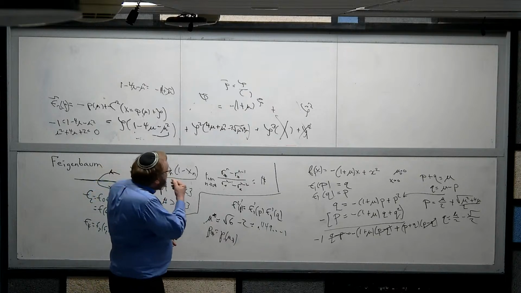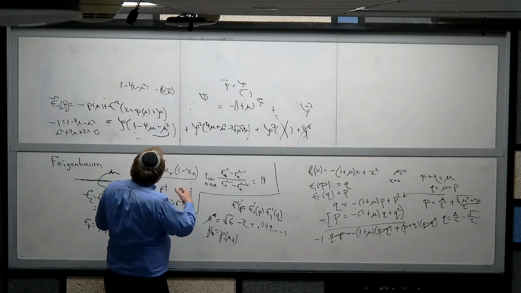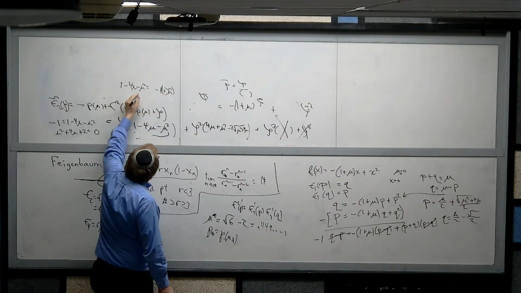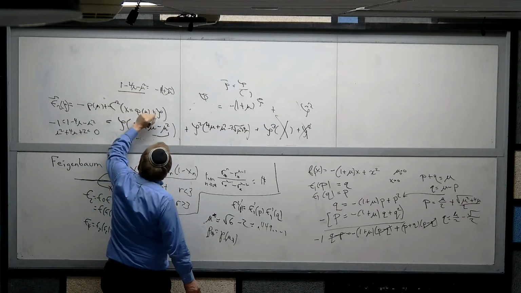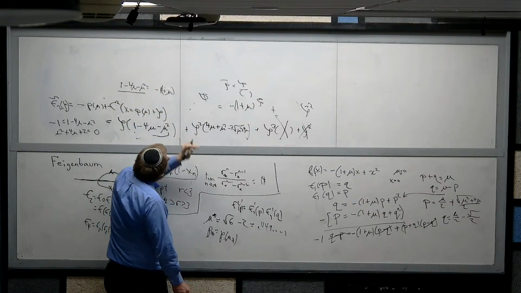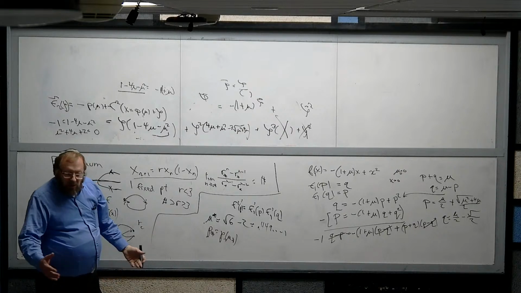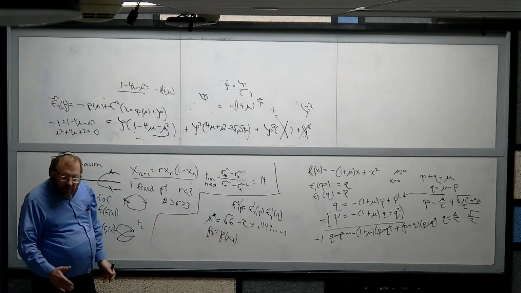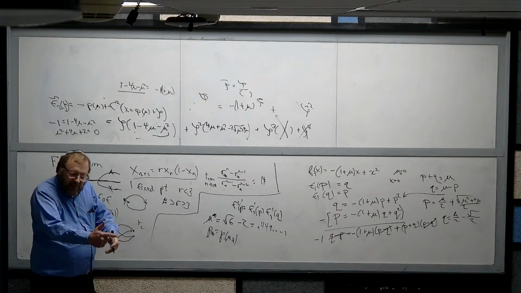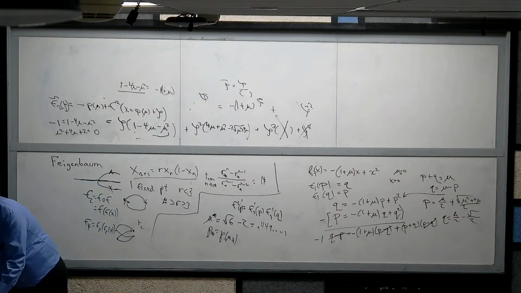That happens when there's no further renormalization, when mu twiddle is fixed. So that is the fixed point equation.